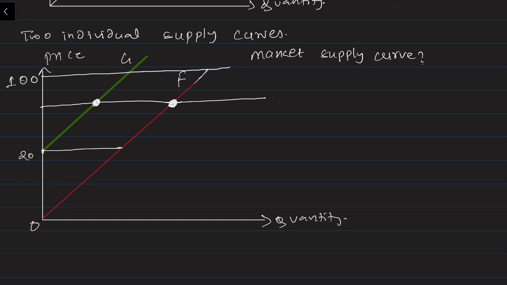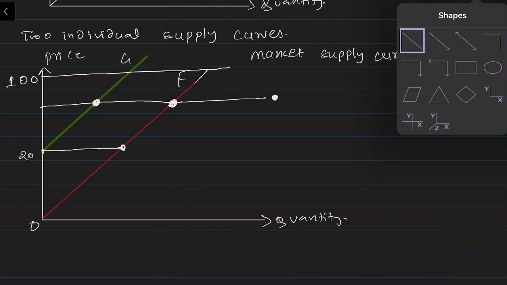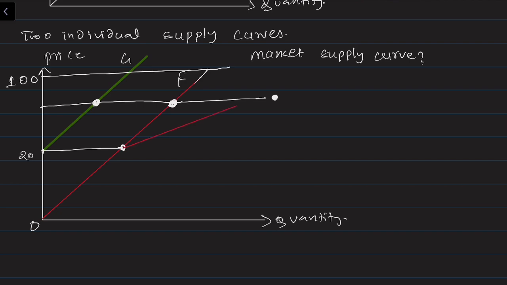So let's say we get the point somewhere here, which is the sum of the x coordinates of these 2 points and the y coordinate. Okay, and we'll pass a straight line through this point and this point. So let me draw a straight line passing through these 2 points.